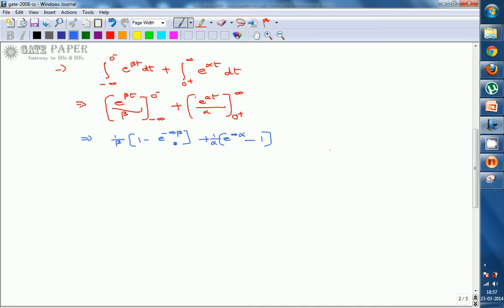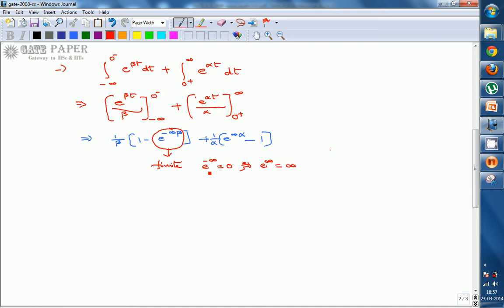So to make this a defined, finite value, we need e power minus infinity beta to be finite. We know that e power minus infinity equals 0 and e power infinity equals infinity, which is not defined.